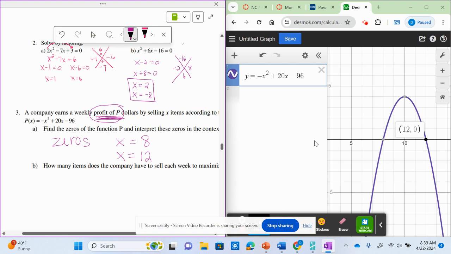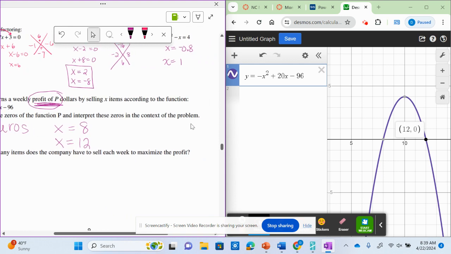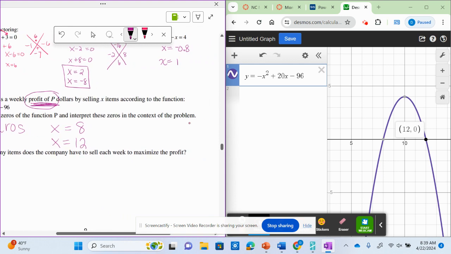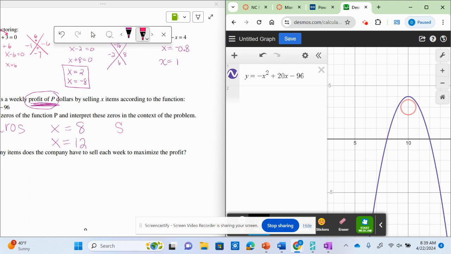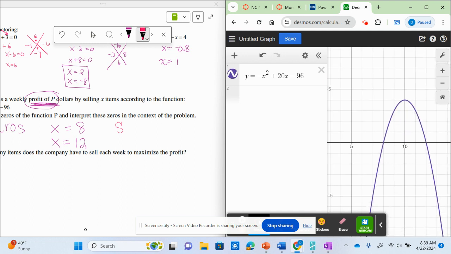So what does it mean? Well, it means that the only way the company earns a profit is if they sell between what? How many items do they have to sell? The profit is the positive part, right? Profit is the positive Y's. The negative Y's aren't going to be a profit.